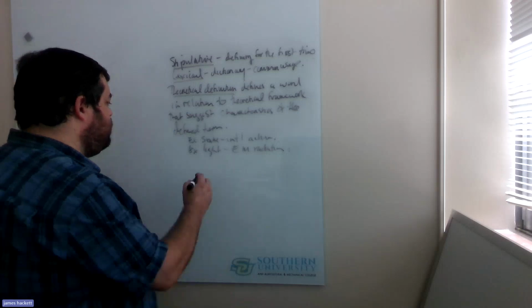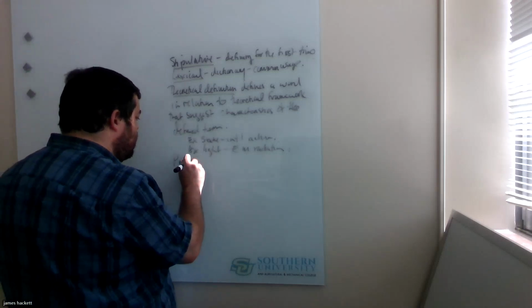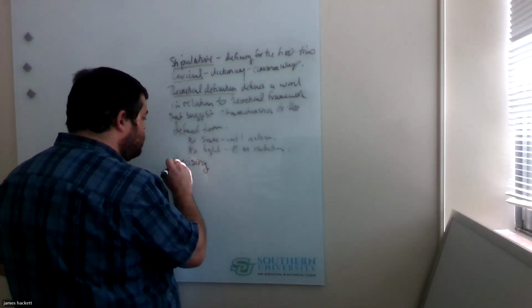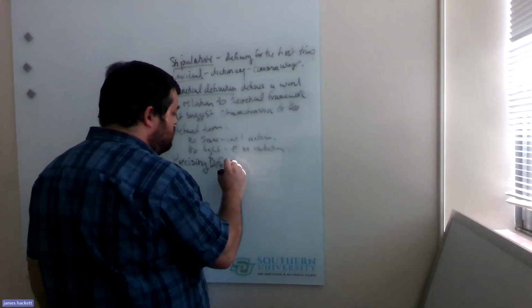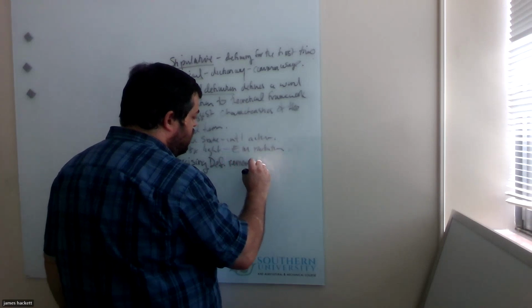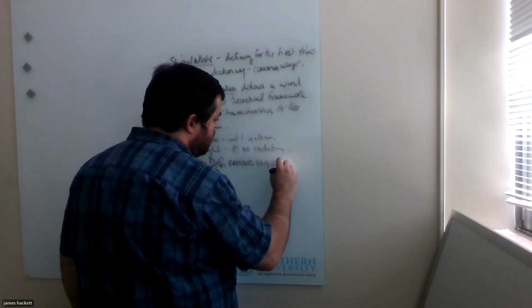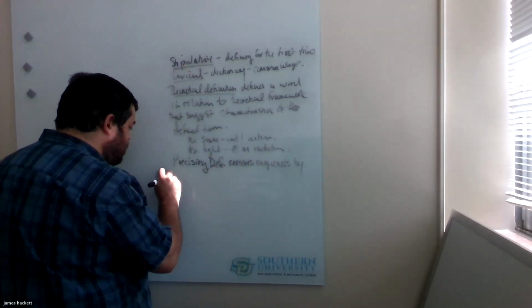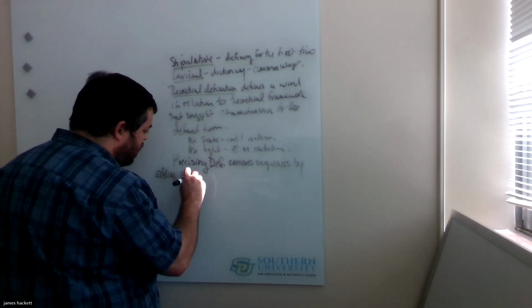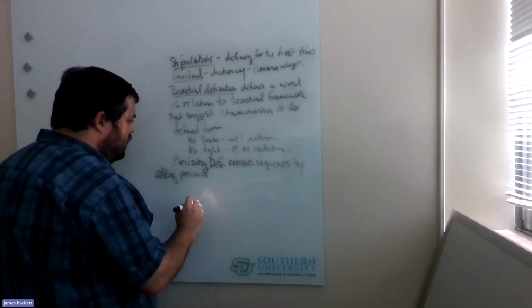So a precising definition removes vagueness by adding precision. Here's an example.